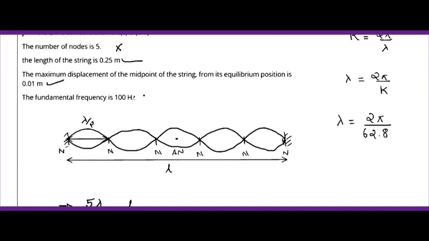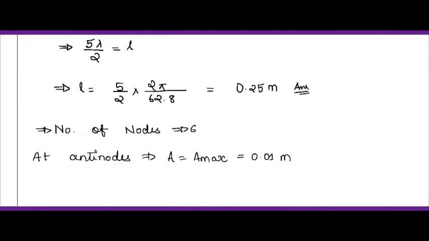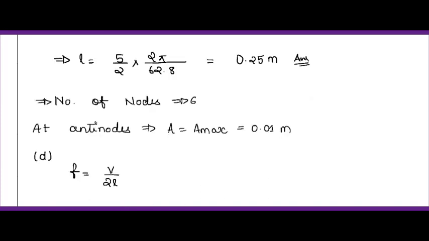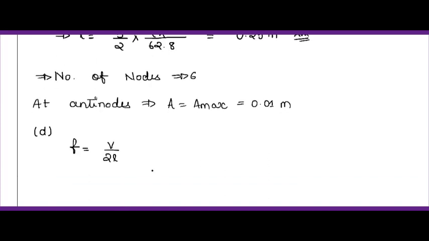If we talk about our fourth option, what is our fourth option about? Fundamental frequency. So we write D part, f is what? Our fundamental frequency, and it will be velocity upon 2L. Okay, so our velocity will be simply omega by k.